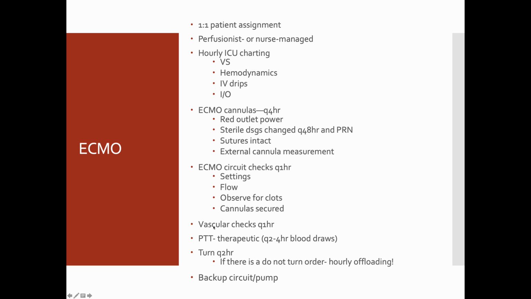Vascular checks are important when you have the VA ECMO in particular, and that arterial line is in the groin. It's actually pretty ingenious. They have part of the arterial blood redirected through the catheter that goes down to the distal extremity, and the majority of the blood goes up toward the patient's vital organs.